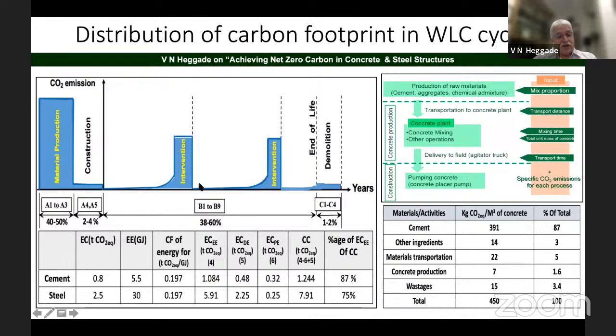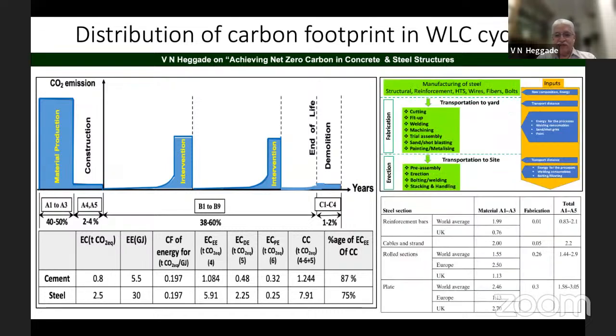So by controlling the cement as well as the steel carbon dioxide emission to the environment, I think we'll be able to achieve the dream of our Prime Minister to bring carbon dioxide emission to net zero by 2070. That's how my presentation goes on.